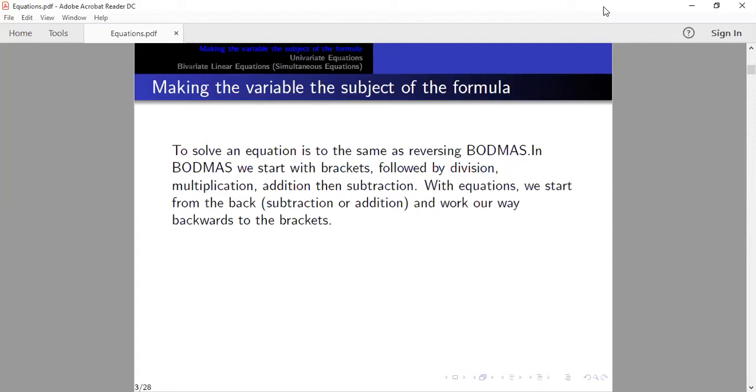Now, with equations, of course, BODMAS works when you want to simplify something. So we're simplifying mathematical expressions. That's what we work with BODMAS for. But now, when we're talking about equations, on the other hand, we reverse the BODMAS. Rather than starting with brackets and finishing up with subtraction, we start with subtraction and deal with the brackets last.